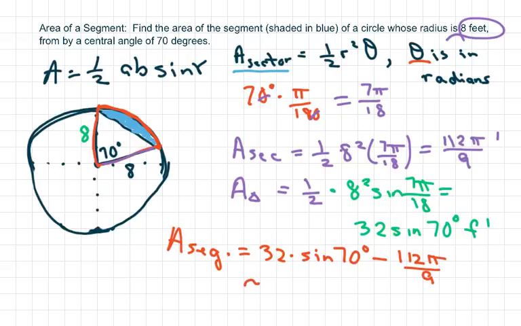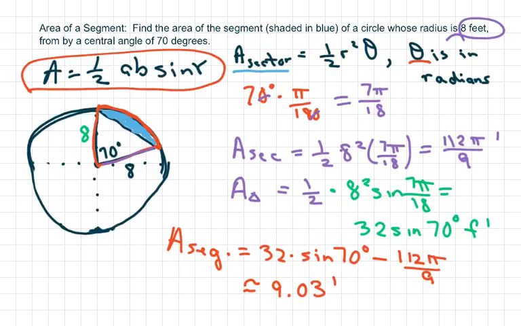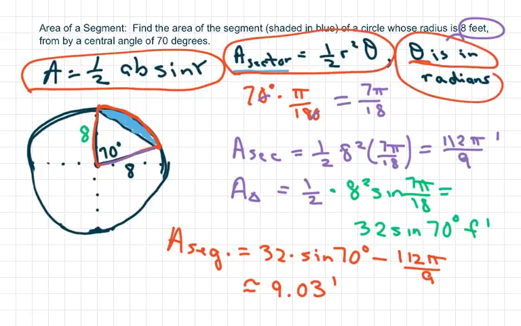Put that in your calculator, and you get approximately 9.03 feet. All right, so this is the formula for the triangle. This is the formula for the sector. This has to be in radians, but this angle, this gamma or alpha, whatever it's going to be, does not.